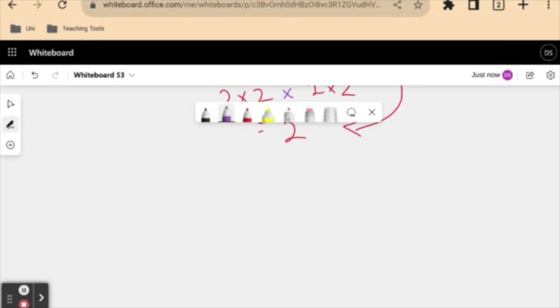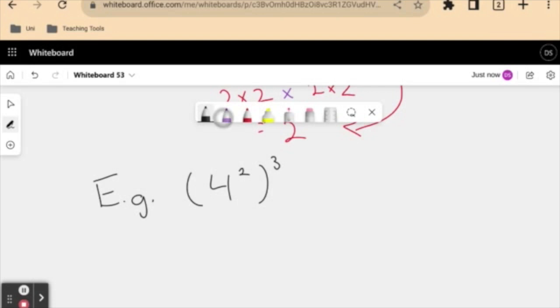Okay, let's try another example. So let's do 4 squared to the power of 3. All right, well, what's 4 squared?